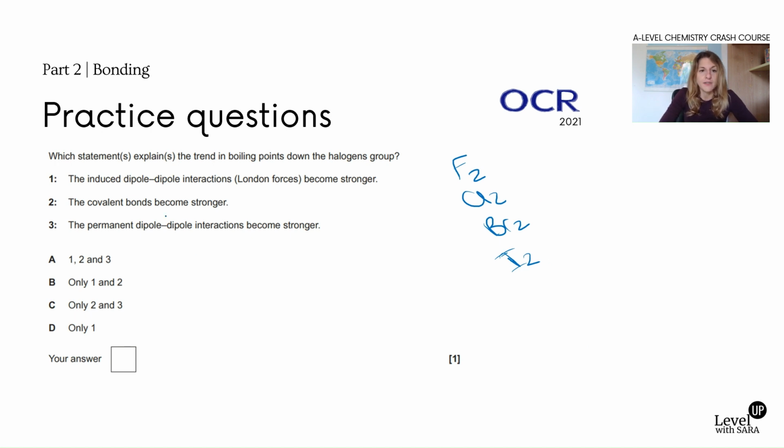The covalent bond actually isn't stronger, because as you go down the group, iodine has a weaker nuclear attraction, so it's a weaker covalent bond. But that doesn't matter, because the boiling point is higher as you go down the group. This is because of the London forces, because it's a bigger molecule. Not permanent dipoles, because they are non-polar. So this is the correct one.